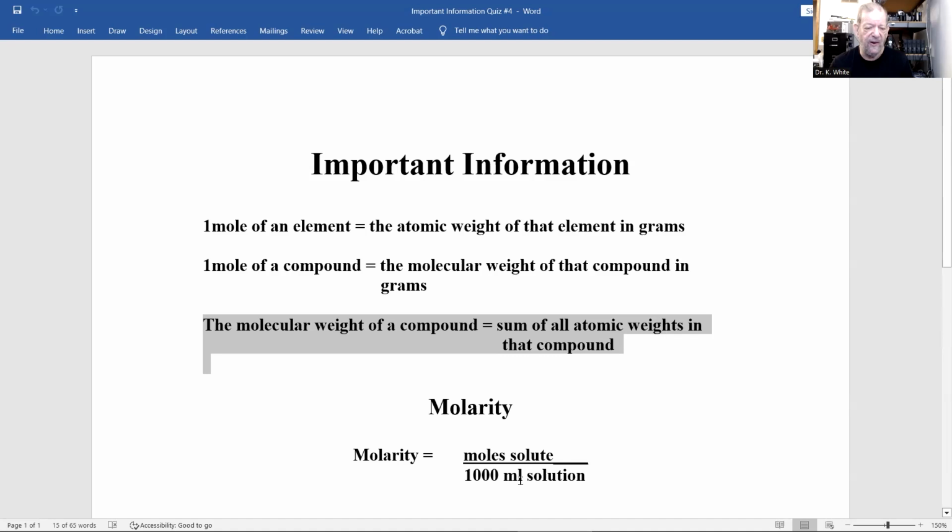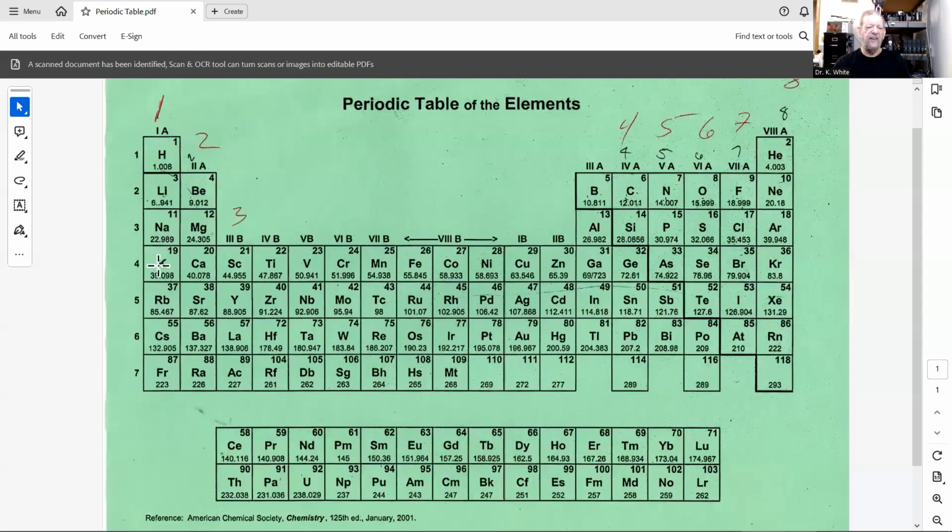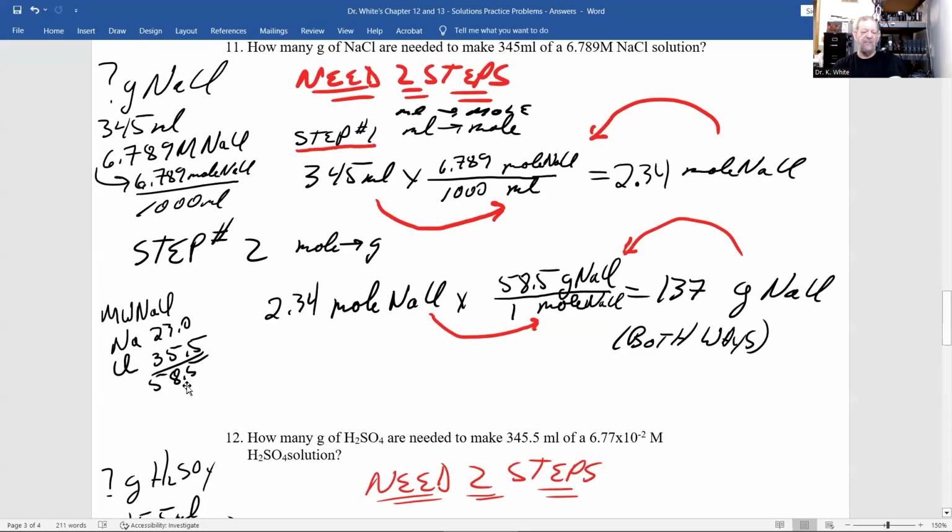Well, for sodium chloride, 1 sodium, to 3 significant figures, is 23.0. 1 chlorine, remember the number under the symbol is the atomic weight, to 3 significant figures is 35.5. And therefore, when I add them up, I get 58.5.